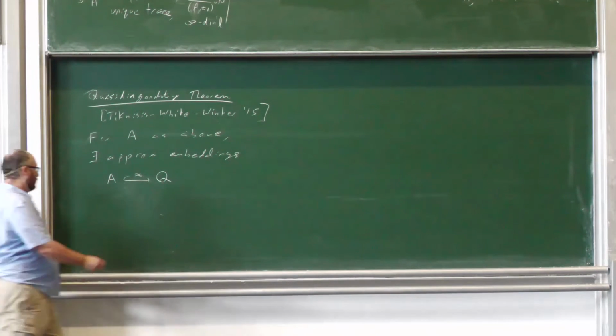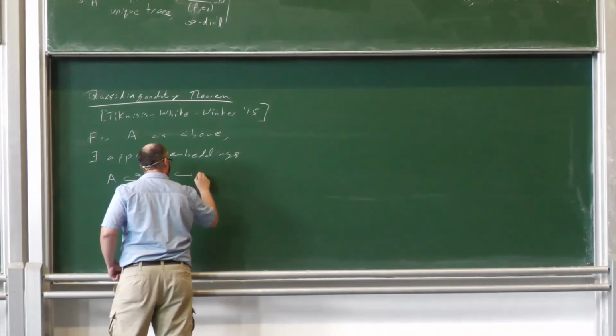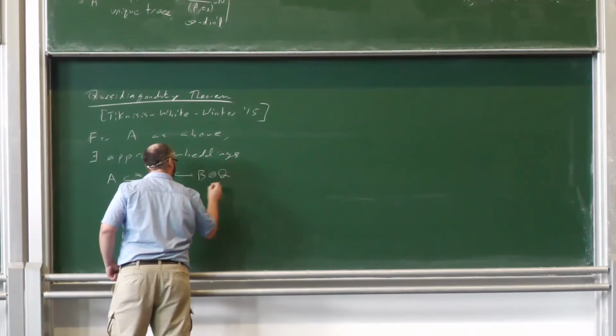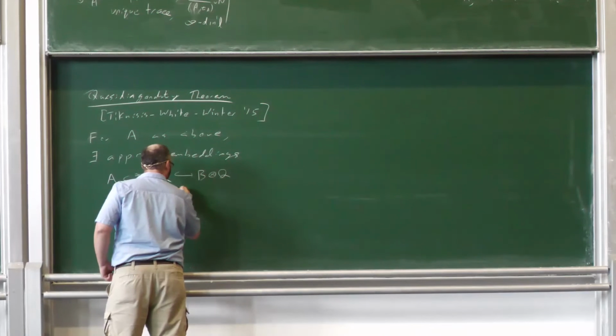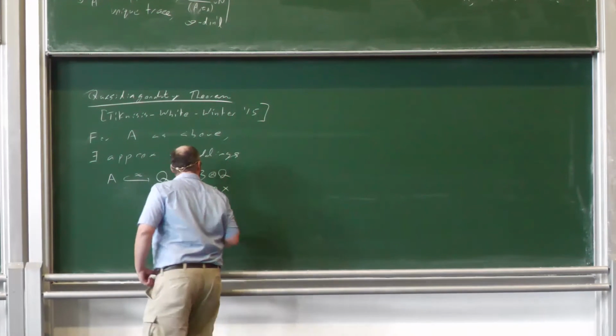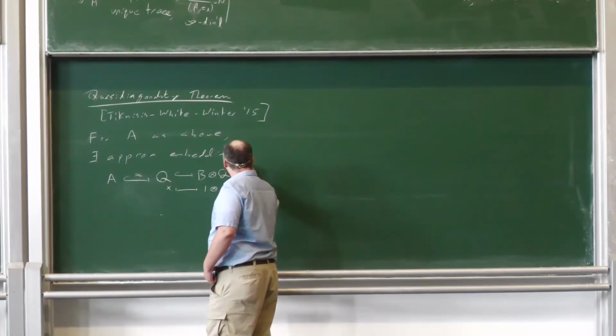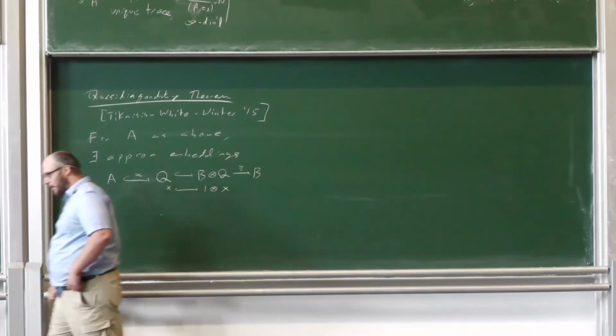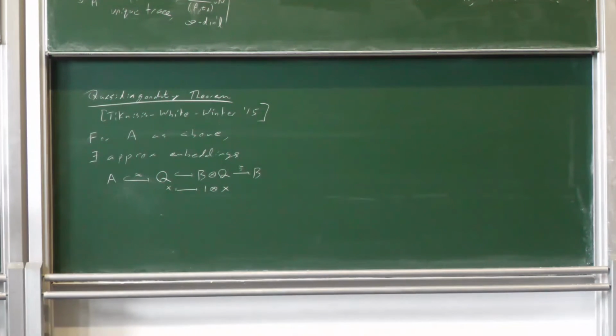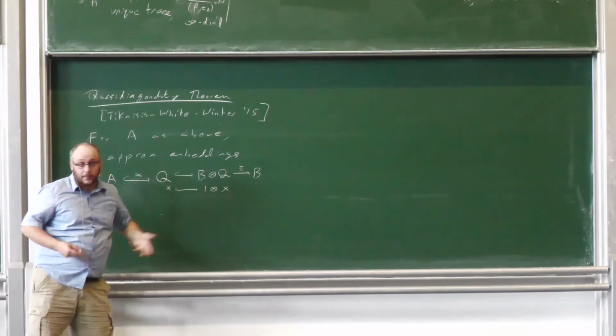And for B as above, you can put Q into Q tensor B by sticking it in the first coordinate, and by Q-stability, that's B. So the quasidiagonality gives you approximate embeddings of A into B to start with.